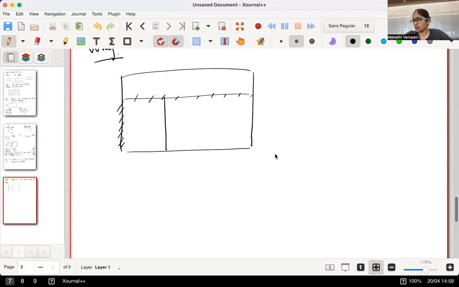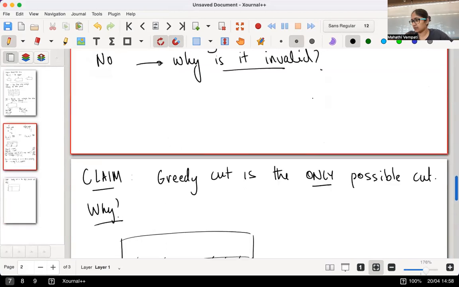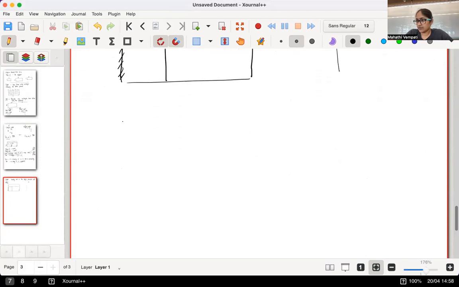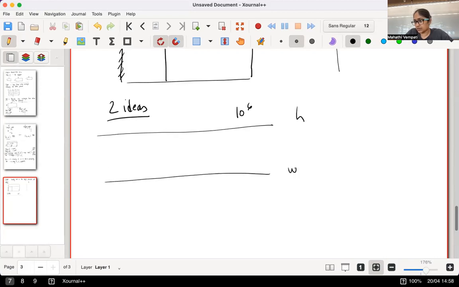So one thing I'm a bit iffy about is how this was implemented, right? Because now what you need to do at every step is, amongst all your points, check whether there exists a point that has a given height. There's no point sorting by heights or width. The two ideas I had to implement this: one is just make a vector of 10 to the 6, one for heights and one for widths.